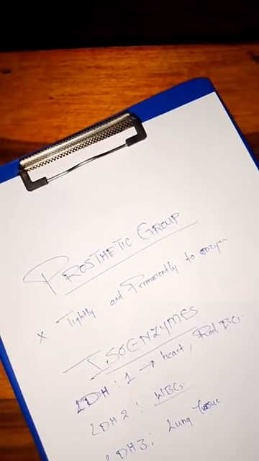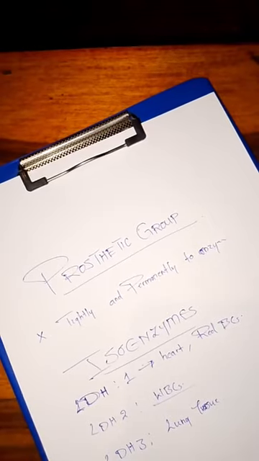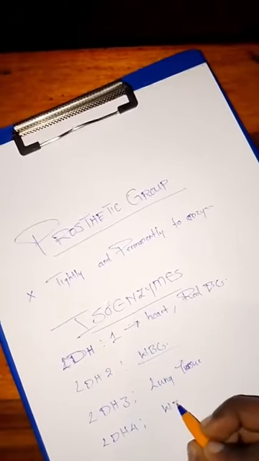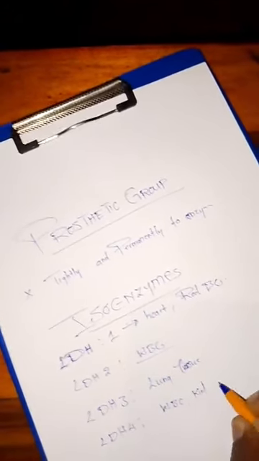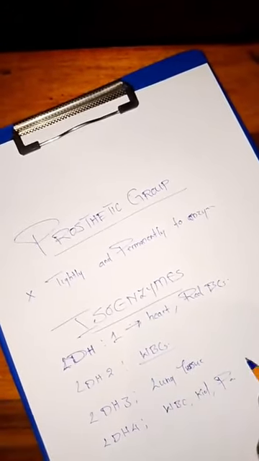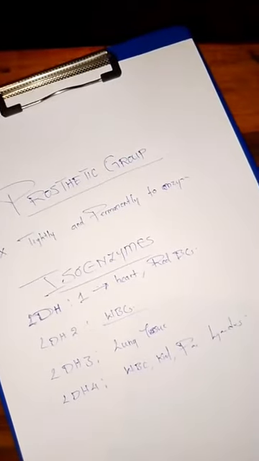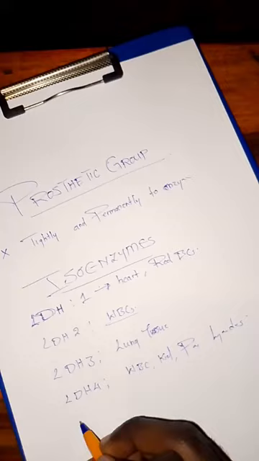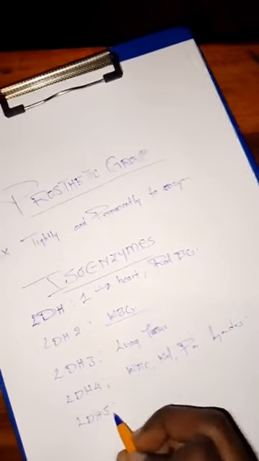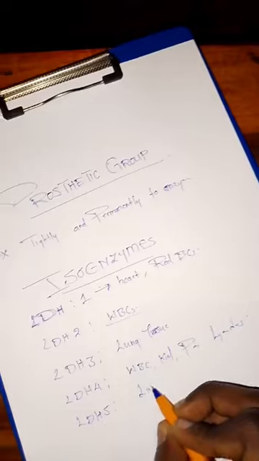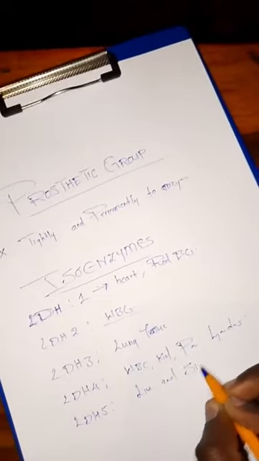Lactic dehydrogenase 4 is used in the diagnosis of conditions that have to do with the white blood cells, the kidneys, the pancreas, and also the lymph nodes. And the last one, lactic dehydrogenase 5, is used in the diagnosis of conditions that have to do with the liver and the skeletal muscles.